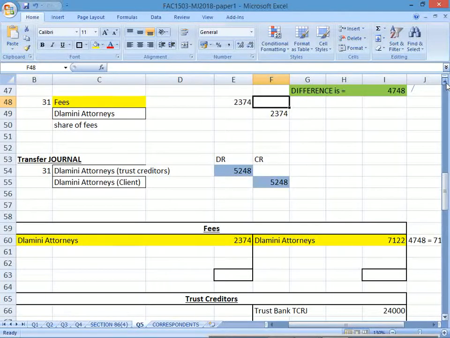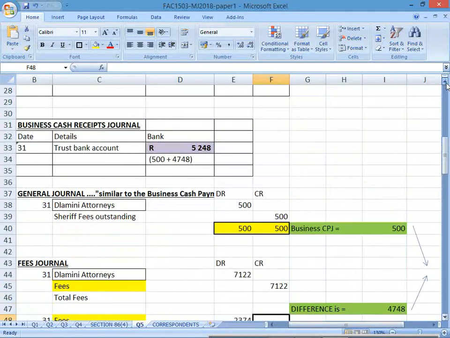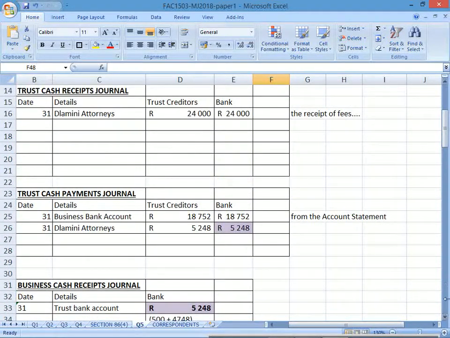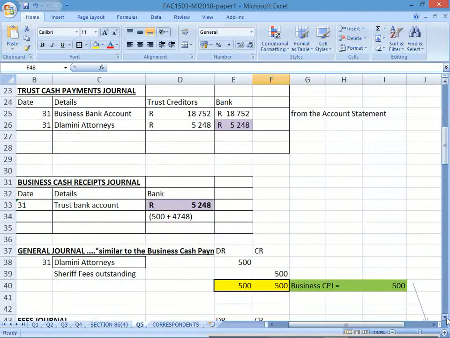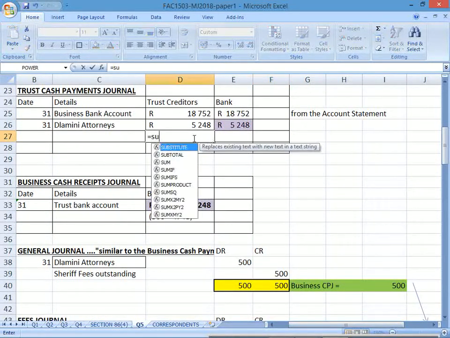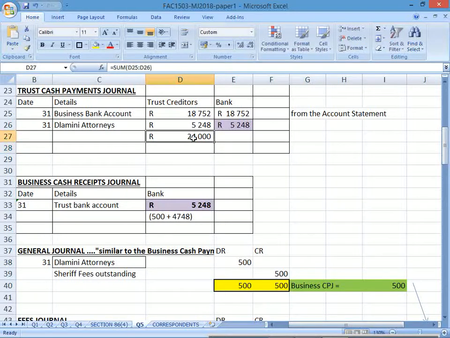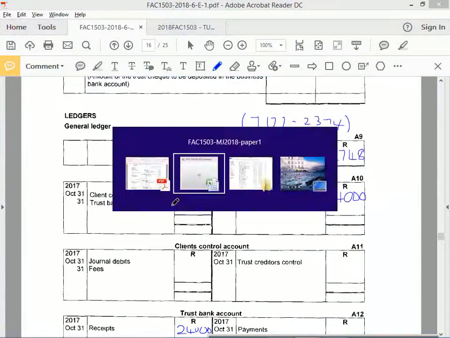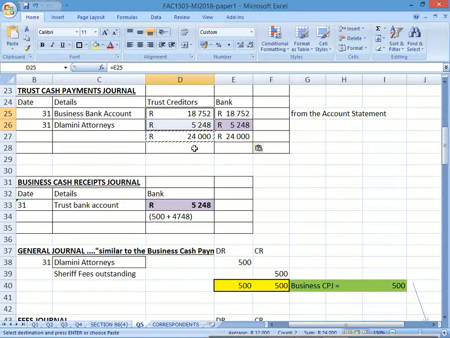Okay, let's go up. Let's see, what else do we have? There, trust cash payments, CPJ. Okay, the trust cash payments, I'm going to sum up these two figures. Also gives you 24,000. Okay, a portion is the business bank account because that's the transfer. Okay, and this is for Glamini. So those two figures you would record separately, so we would record them there. There, the trust bank account and the client control.